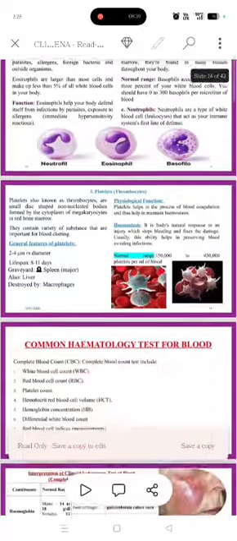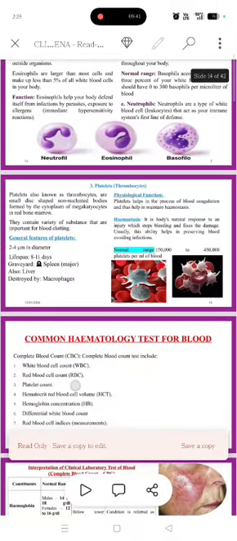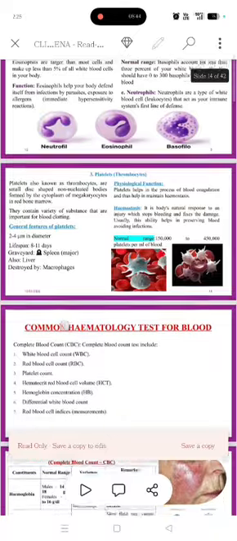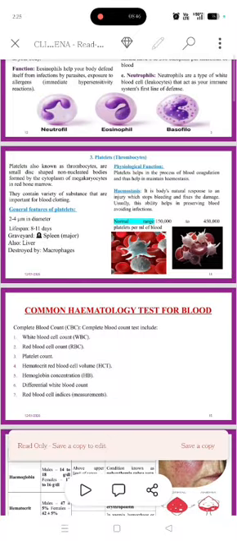Then platelets, also known as thrombocytes, are small disc-shaped non-nucleated bodies formed by the cytoplasm of megakaryocytes in red bone marrow. They contain a variety of substances that are important for blood clotting. General features of platelets: 2 to 4 micrometer diameter, lifespan 8 to 11 days.